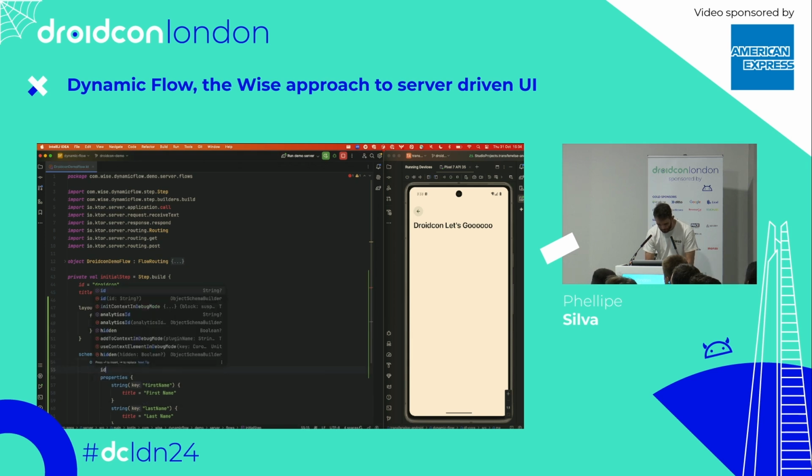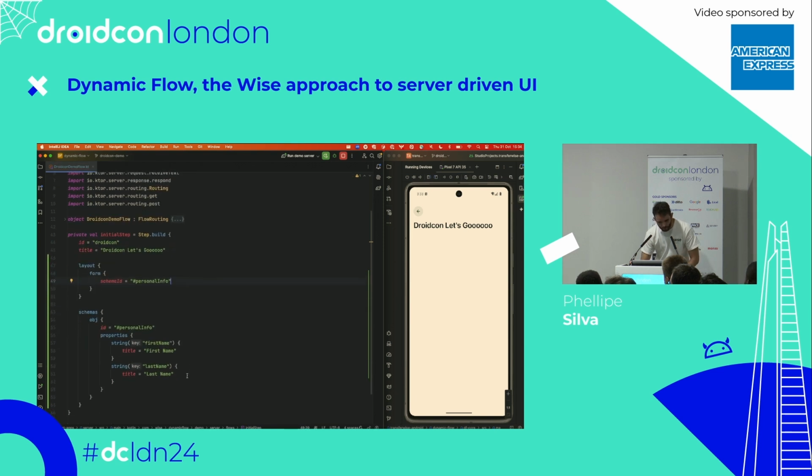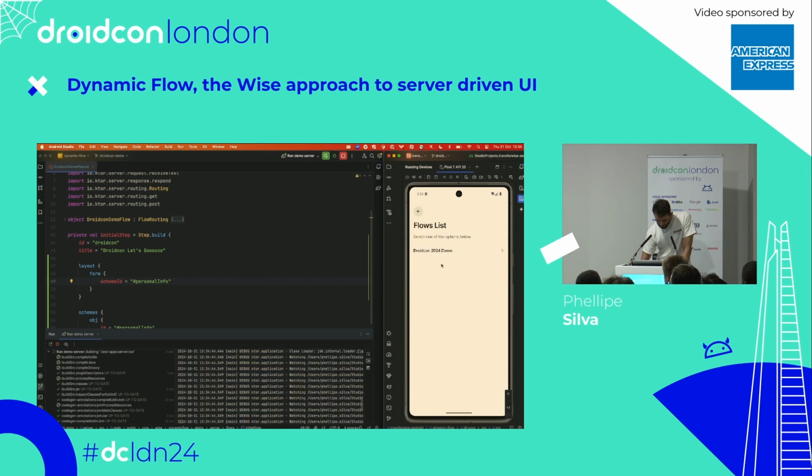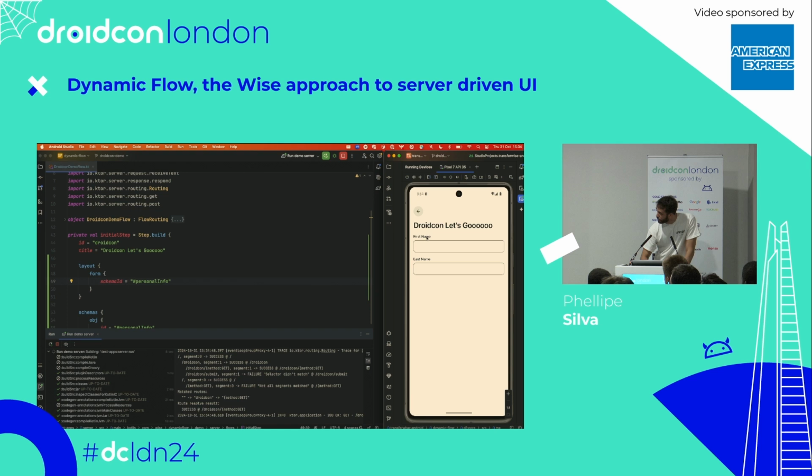Let's say my ID will be personal info. Cool. So I'm going to run my server. Okay, server is up. And here, it's my first name and last name, all backend driven.